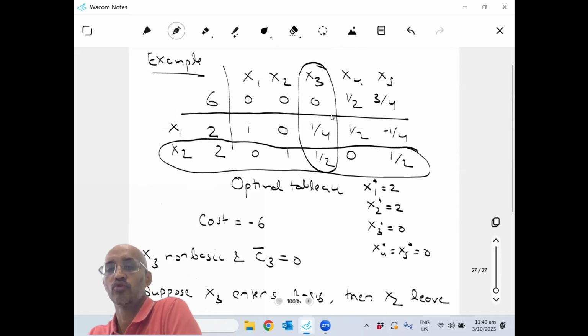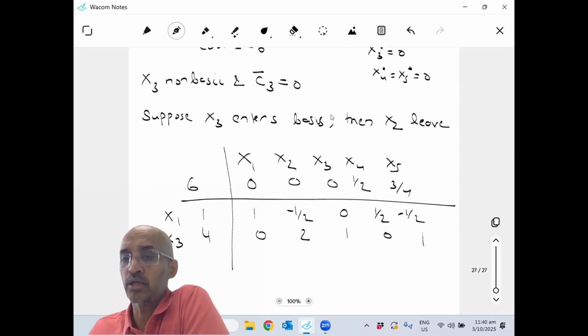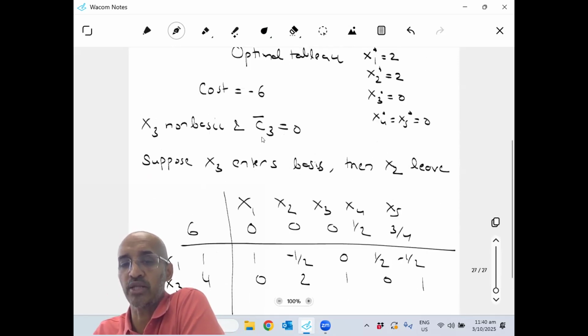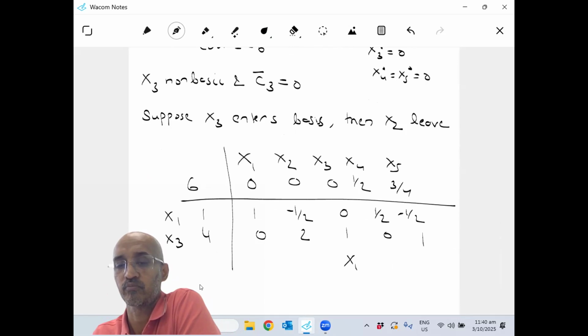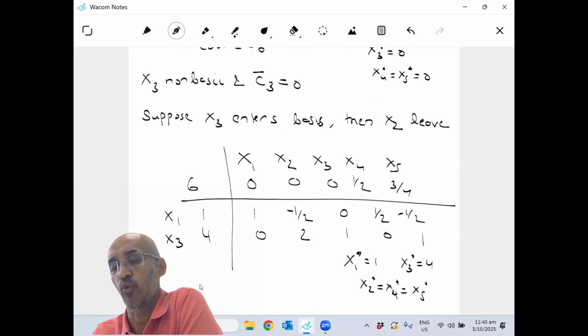So I've now come to a new point where x1 now is 1 and x3 is 4. So x1 is 1, x3 is 4, x2, x4, and x5 are 0. What's the cost? Also -6.